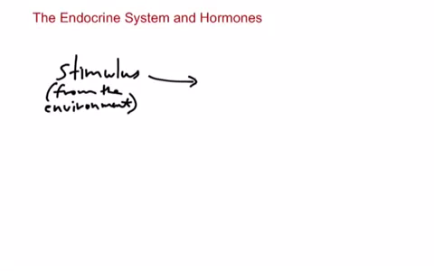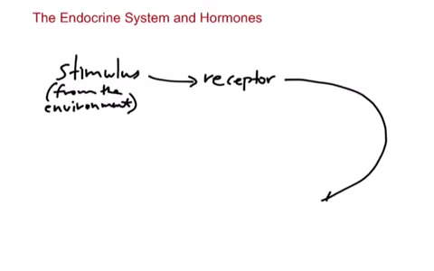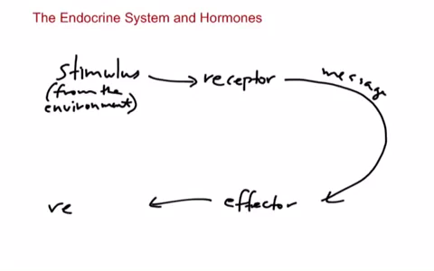That stimulus has to be detected in some way by a receptor or receptors. That receptor then needs to send a message to an effector, that is some part of the organism that's going to carry out a response. And it's this response that you would think will contribute to the survival of that animal or plant in its environment.